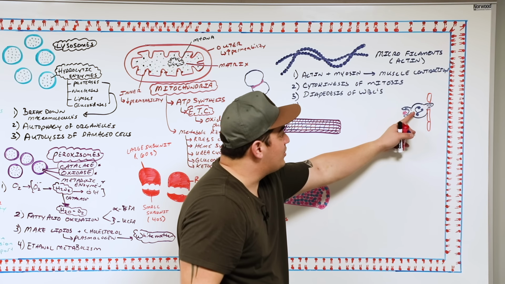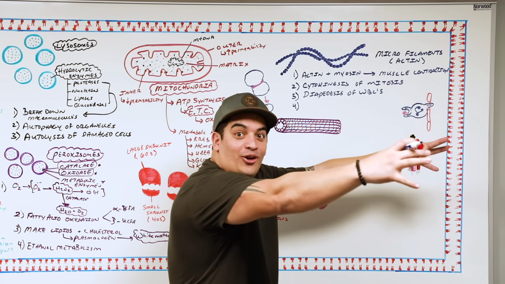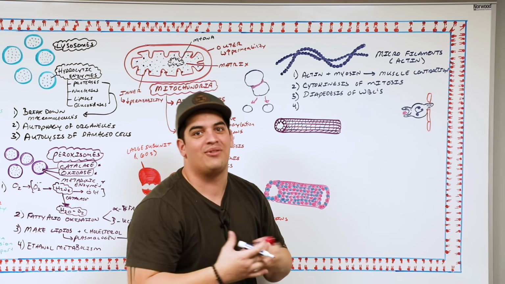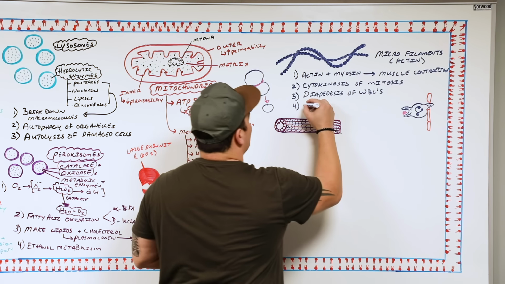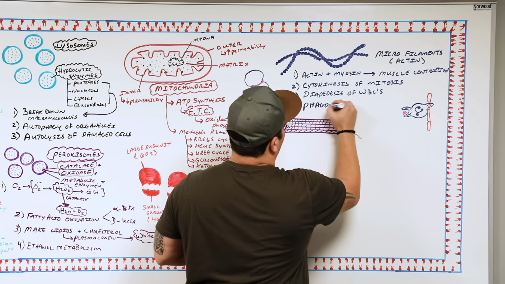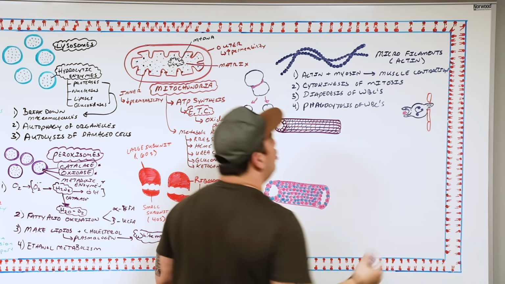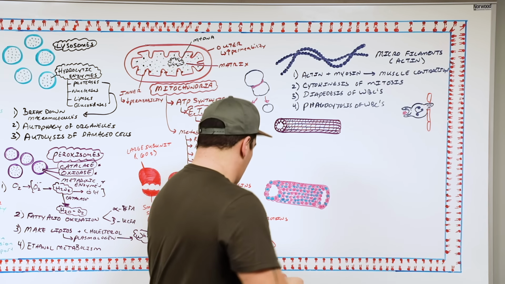The actin molecules need to come in and help create these little arms that will wrap around the pathogen and bring it in. What is that called? Phagocytosis. So it's also involved in phagocytosis of white blood cells. We did it. All right.